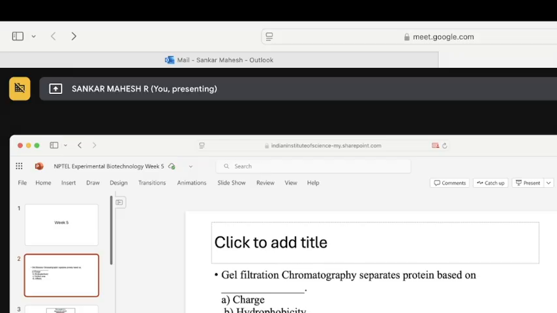Right. Like we looked at it last week, hydrophobic interaction chromatography, where salt concentration, salting in and salting out. Right. You basically change the salt concentration in such a way that it exposes the protein's hydrophobic regions, and then you change the concentration to elute it.